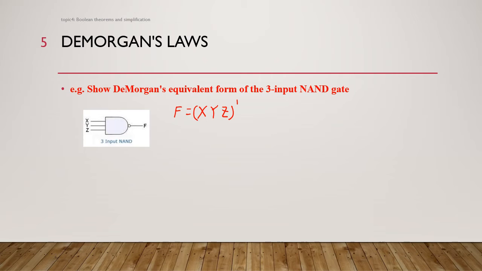And if we use the De Morgan theorem, we can rewrite this as x' or y' or z'. Which means this gate is equivalent to a different gate like this, with bubbles in front. So x, y, and z, f. This is the De Morgan equivalent.